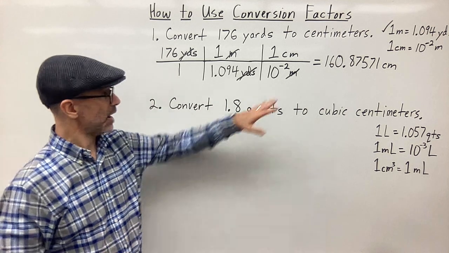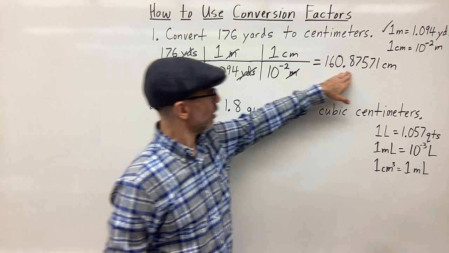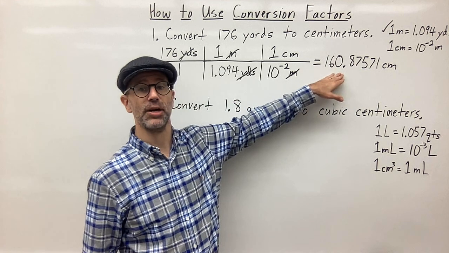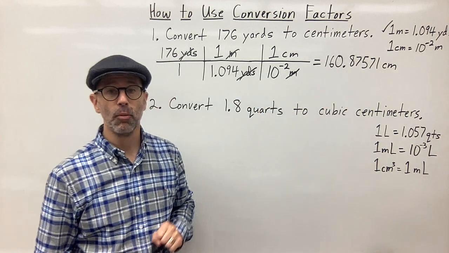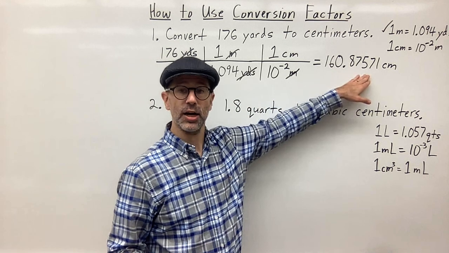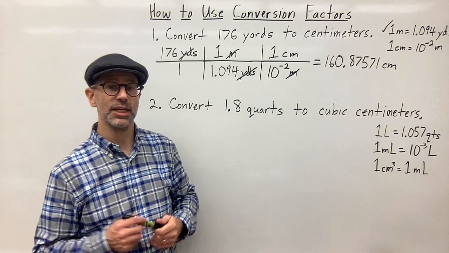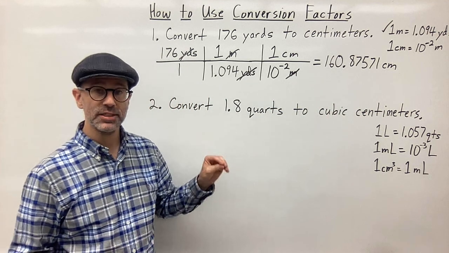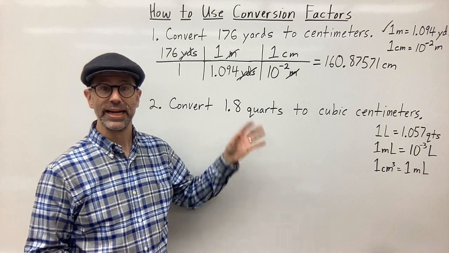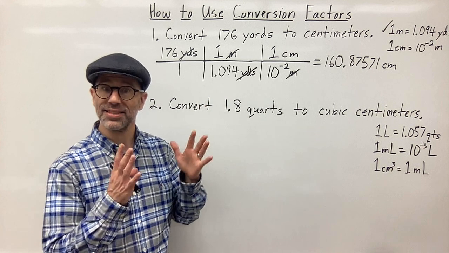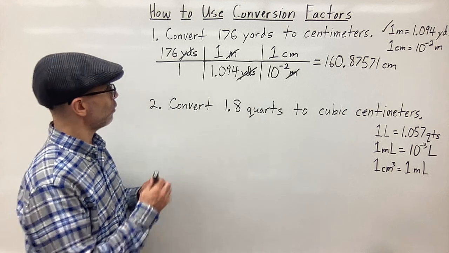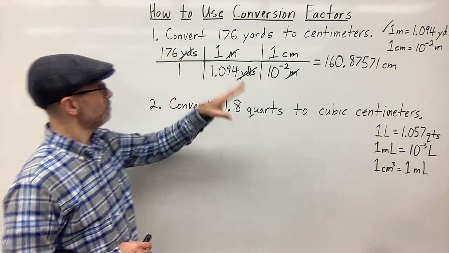When we are trying to determine how many digits to keep in our answer, the rule is that your answer has to have the same number of sig figs as your least precise measurement, the one that has the least number of sig figs.